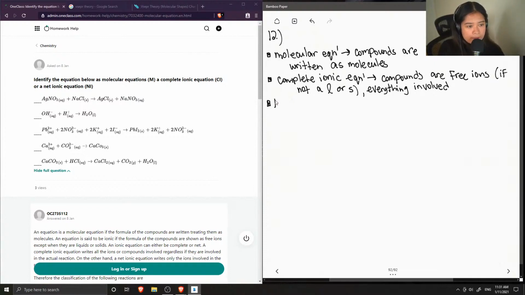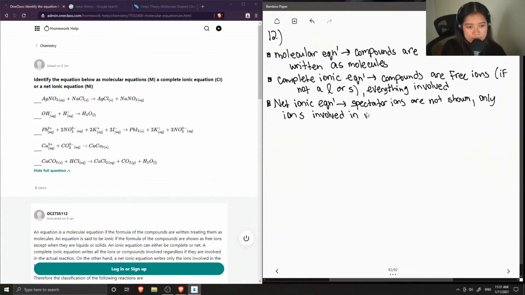And when we have a net ionic equation, this is when spectator ions are not shown, and it's only the ions involved in the reactions. Okay, so these are our three options.